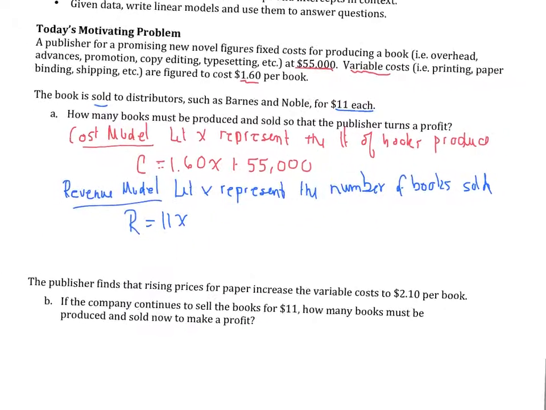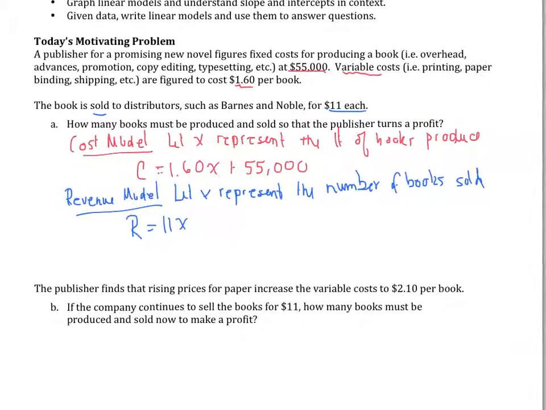Okay, so now we have this, and we're trying to figure out how to solve this. And one of the things that we discovered in class, and some of you discovered on your own, was, well, if I want profit, I want the revenue to be bigger than the cost. And so the inequality that you solved was, you said, well, I want 11x to be bigger than 1.6x plus 55,000.